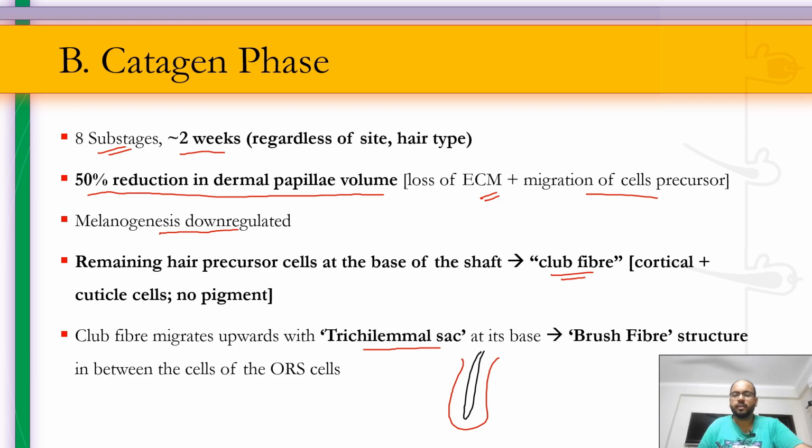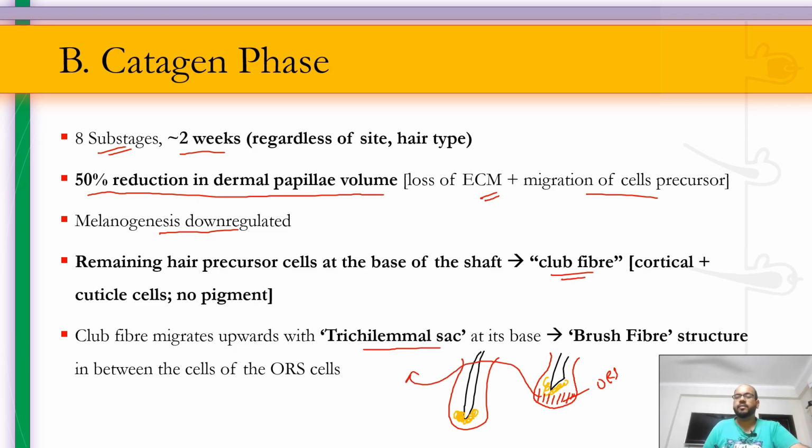So this is the hair follicle, and it is taking the dermal papilla along with it. As it is going up, as it is retracting, this collection will form of redundant, loose ORS, and this has been termed as tricholemmal sac.